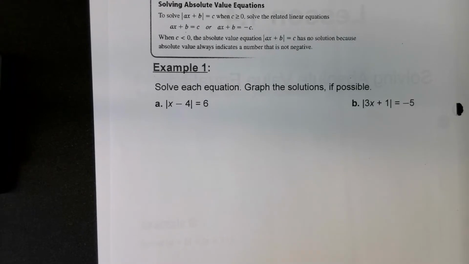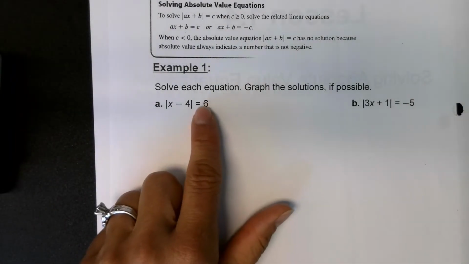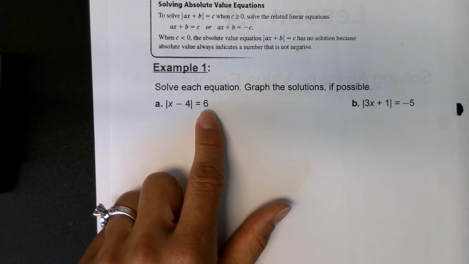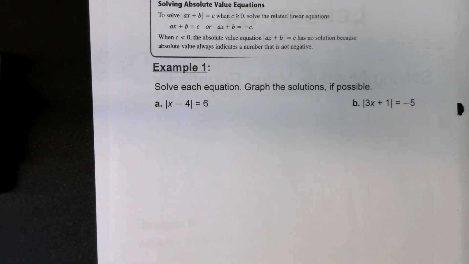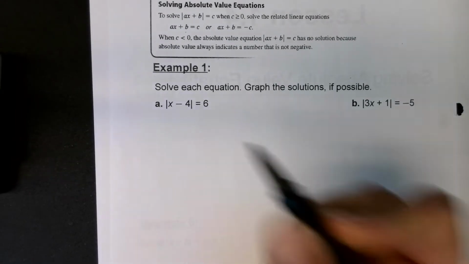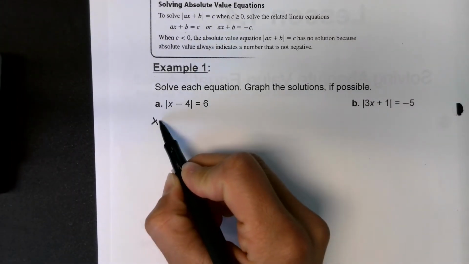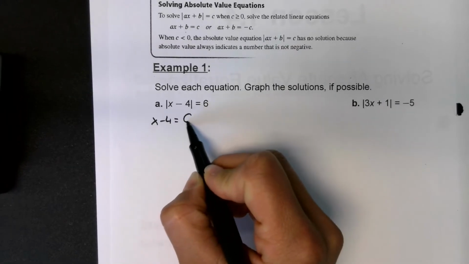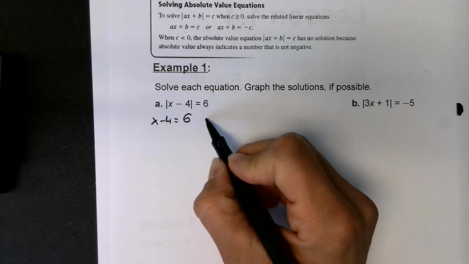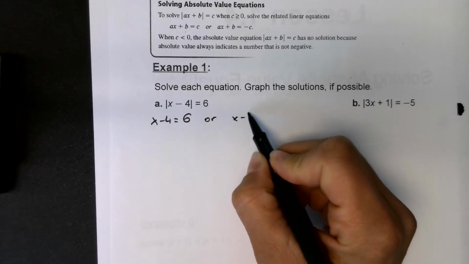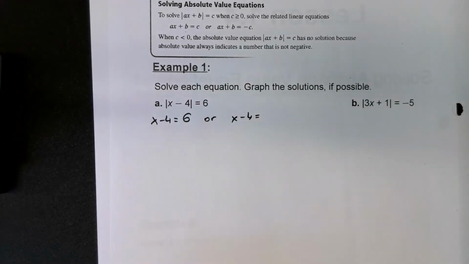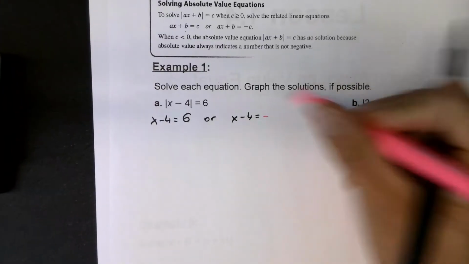Alright, so here is our absolute value. We have the absolute value of x minus 4 equals 6. 6 is greater than or equal to 0, right? So, we can actually solve it. So, we're going to set it equal to positive and negative C. So, we have x minus 4 equals positive 6, or x minus 4 equals negative 6.